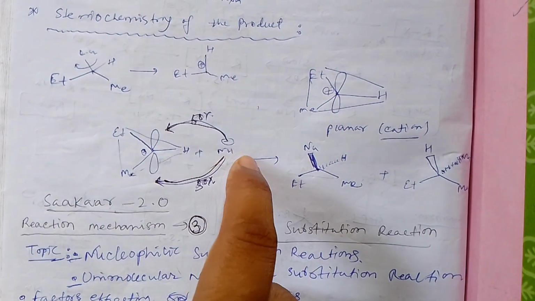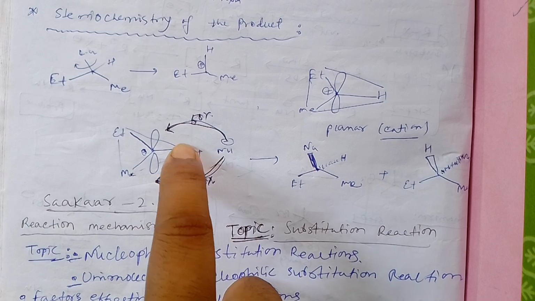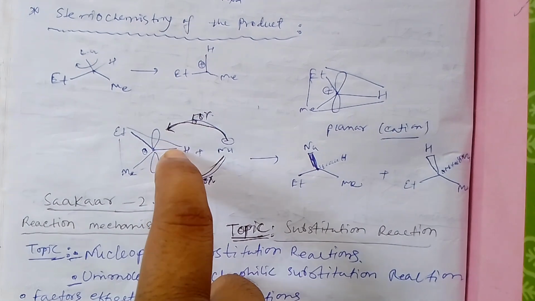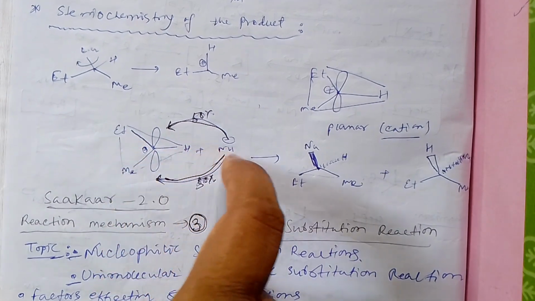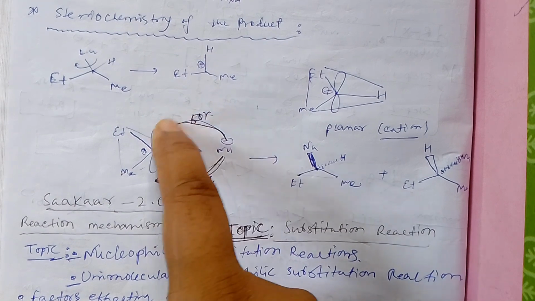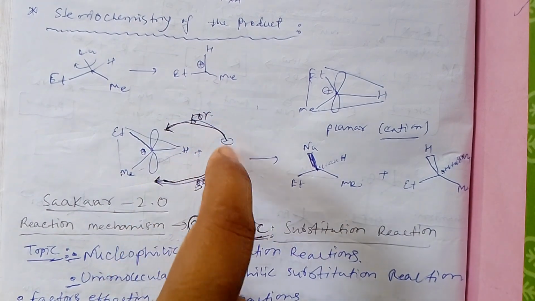Here we can see the reaction. We know that the carbocation is trigonal planar. The nucleophile can go this side or this side. That's a 50-50 chance.